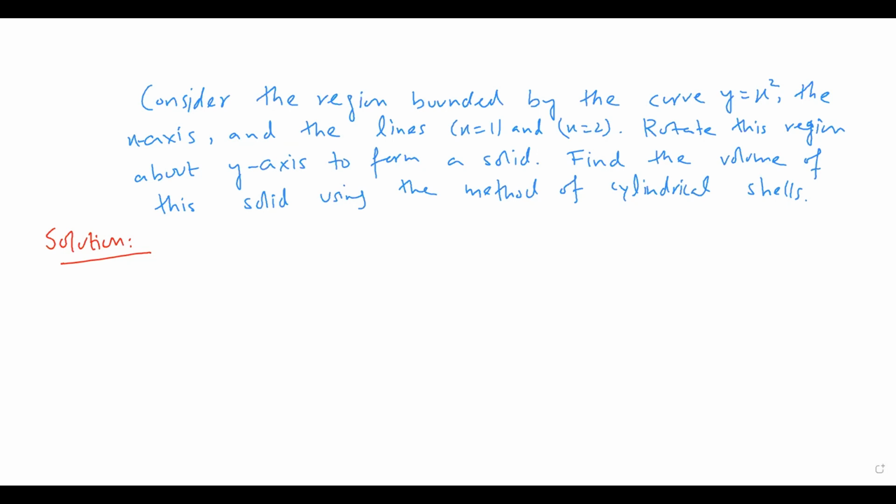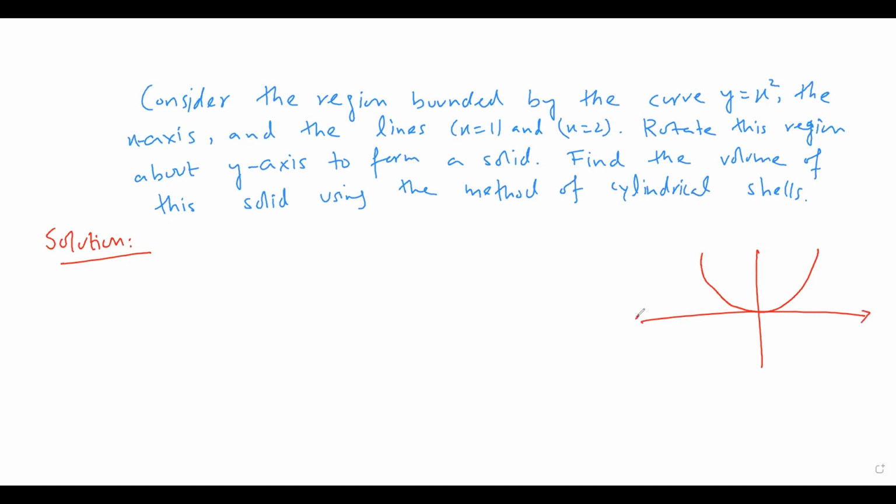Okay, so in this problem, we need to investigate the volume. Consider the region bounded by the curve y equal to x squared. So let's say we have a curve. This is y equal to x squared.